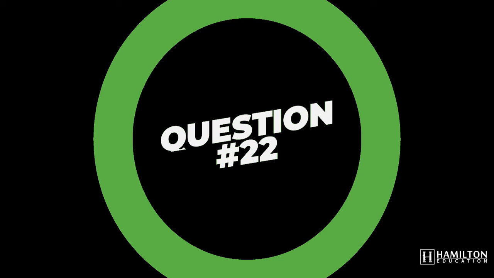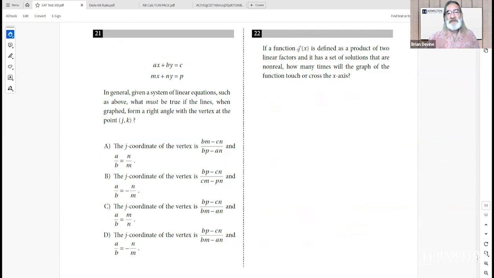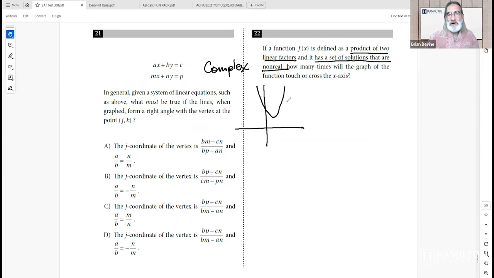Question 22. If a function f of x is defined as a product of two linear factors, and it has a set of solutions that are non-real. Well, non-real means then it's complex, which means that we have some quadratic that never touches the x-axis. It's still going to have zeros. In fact, we can write it with linear factors.